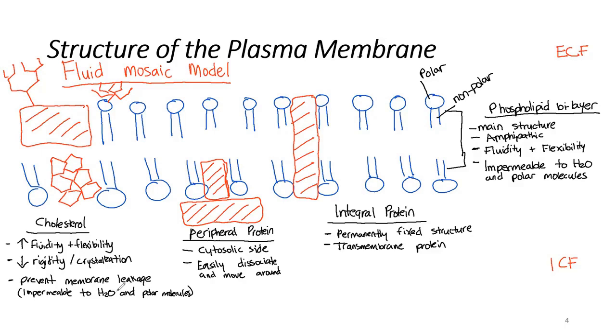The final structures we're going to talk about are carbohydrates. So carbohydrates are also structures within the cell membrane. We have two types.